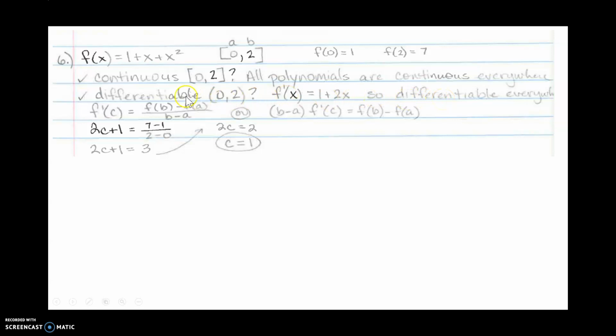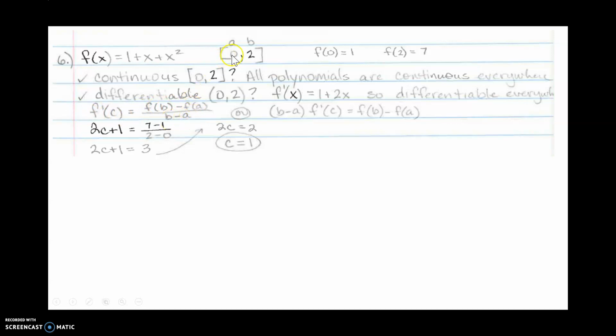So since my hypotheses are true, then I can go ahead and use the mean value theorem, which just says that the derivative will be equal to the slope at some point. You also could multiply both sides of that by b minus a and write it this way. So it does not matter which way you write it, which way you use it, you're going to get the same thing.